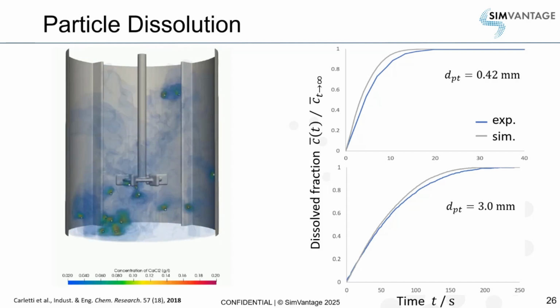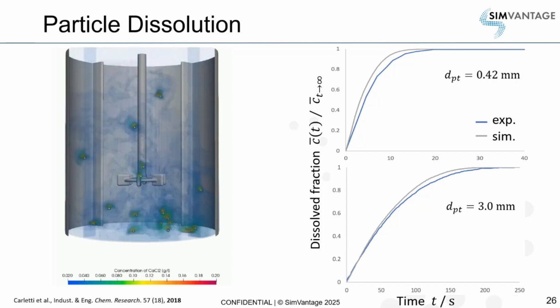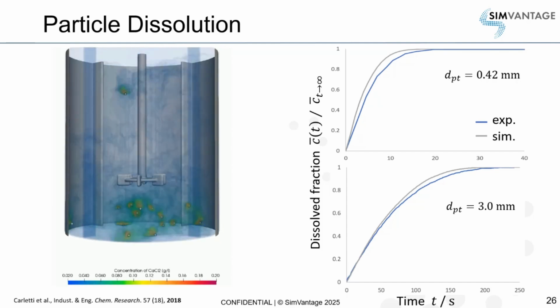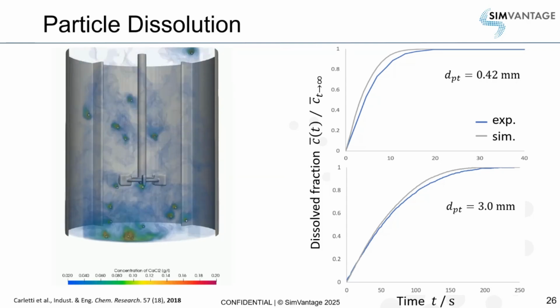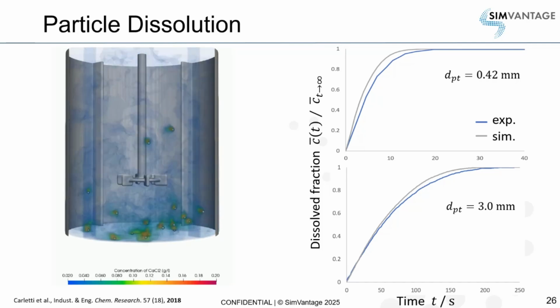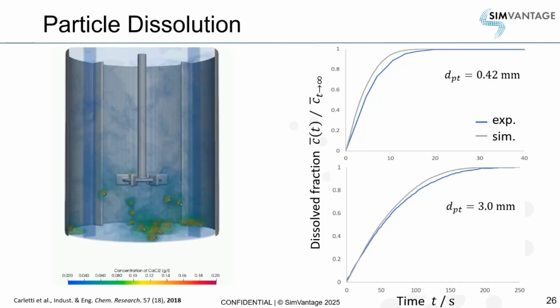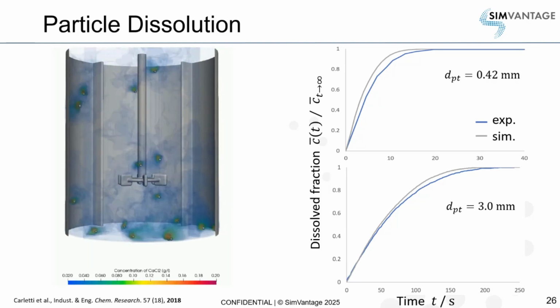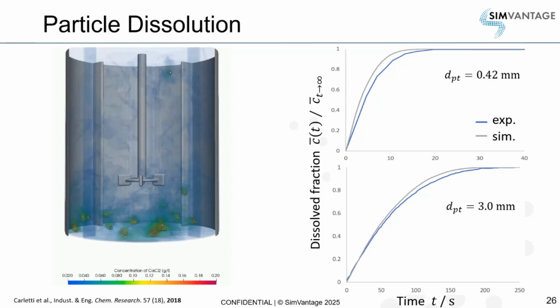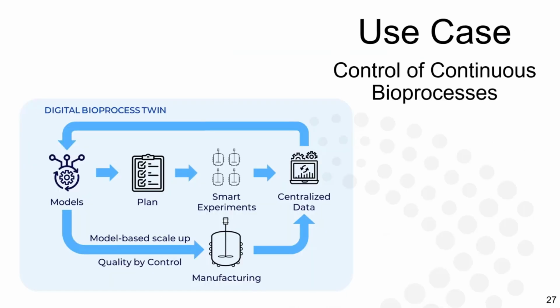One is the experimental value and the other one is the simulated value. Again, you have very good agreement, and this dissolution can go on until the particles are completely dissolved, and this dissolved substance is then transported around the reactor.